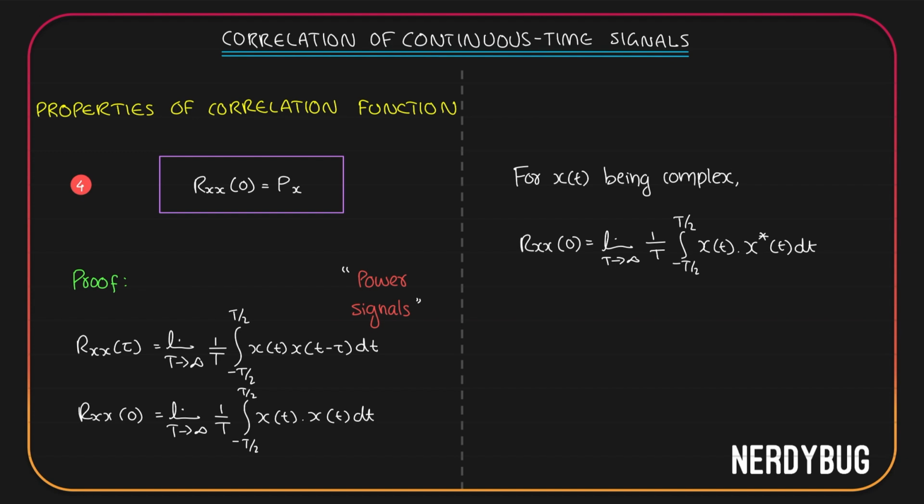But product of x of t and x conjugate of t is the square of magnitude of x of t. So this will be limit T tends to infinity 1 by T integral from minus T by 2 to T by 2 square of magnitude of x of t dt. But this is what we call power of x of t. This is equal to Px. So if you find autocorrelation of a power signal at tau equal to 0, what you actually get is the power of that signal.